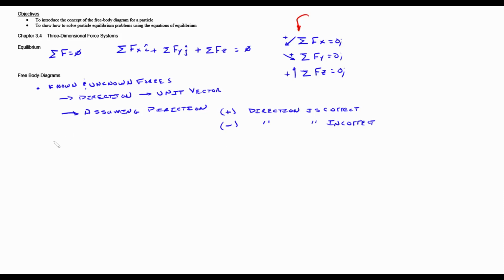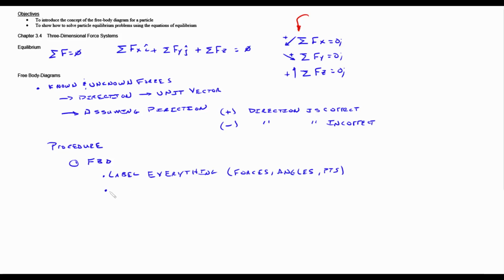So pretty much what we're going to do is say our procedure for this type of problem. First is to draw our free body diagram. And this means label everything. This includes forces, angles, points, anything that's going to help us solve.